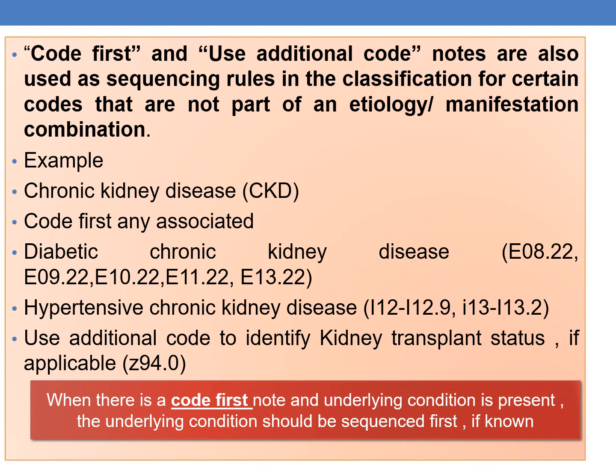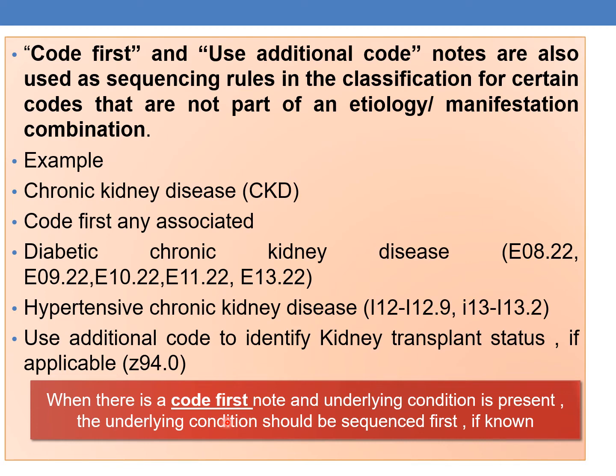For example, under chronic kidney disease, CKD, you can find code first any associated diabetic chronic kidney disease or hypertensive chronic kidney disease. And you can find use additional code to identify the kidney transplant status.